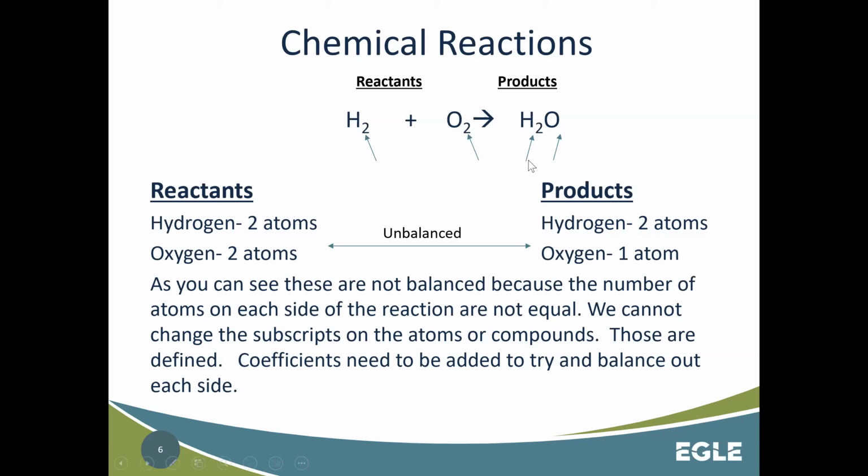So here on the reactant side, you can see that we have 2 hydrogen atoms and 2 oxygen atoms, okay? And then over here on the product side, we have 2 hydrogen, which, if you have 2 and 2, that's balanced. But then we only have 1 oxygen, okay? This brings into play what I like to call the even odd rule.